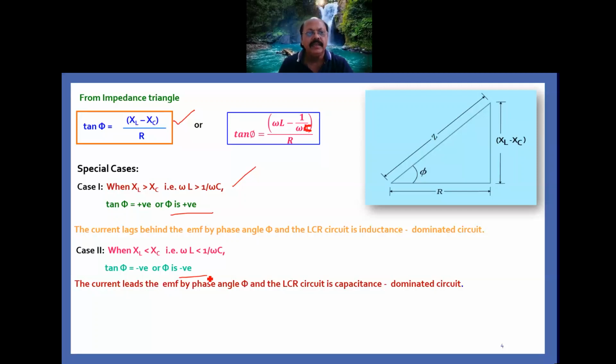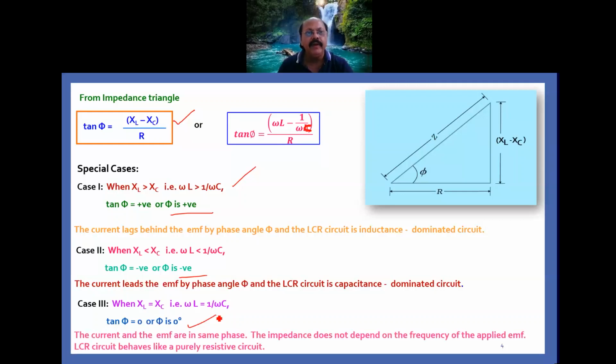Now the third case is when XL equals XC, that is omega L equals 1 upon omega C. Then tan phi equals 0, or phi equals 0. Its meaning is that alternating current and alternating EMF are both in the same phase, and the impedance does not depend on the frequency of the AC source.